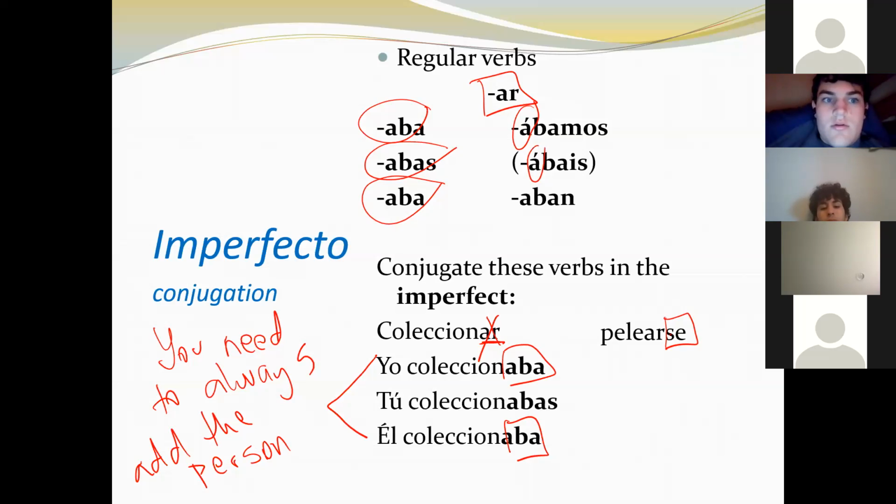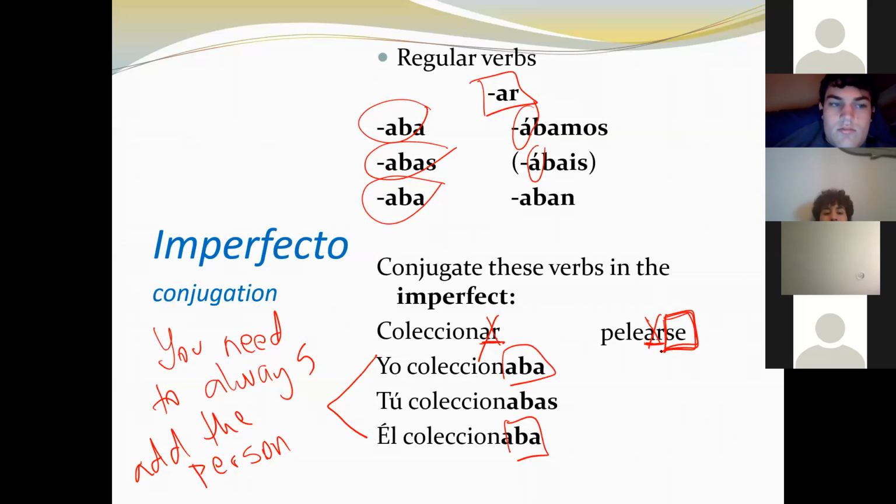Ah, okay, perfect. So pelearse, to fight, from the vocab list. It's a reflexive though. So remember what we do with the reflexive verbs. So this is an AR verb, but it's reflexive. It requires something for the conjugation. What is required when you have reflexive verbs like these?